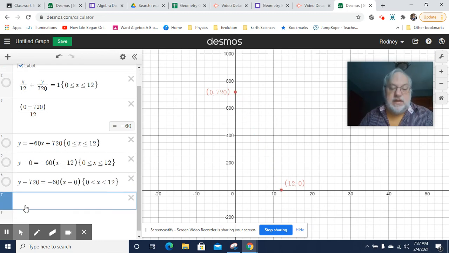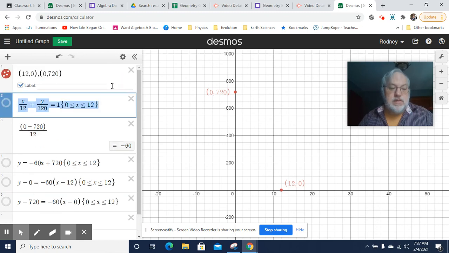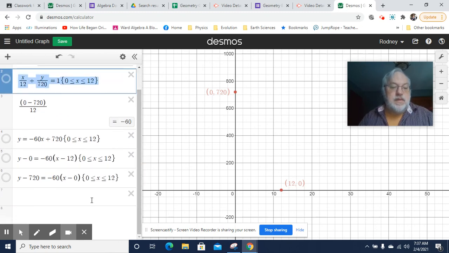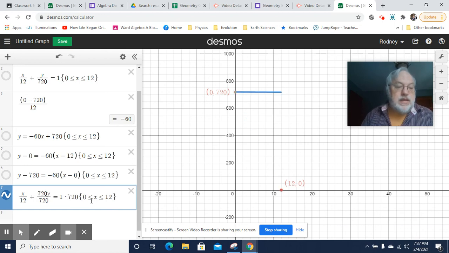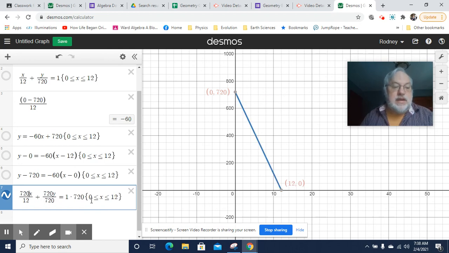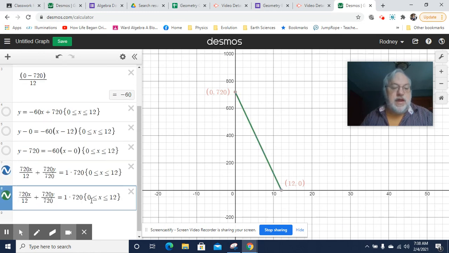And then I could finally take this one here, and we can work it through. If I multiply all parts times 720, this times 720, and this times 720, I end up with an equation that I can simplify.